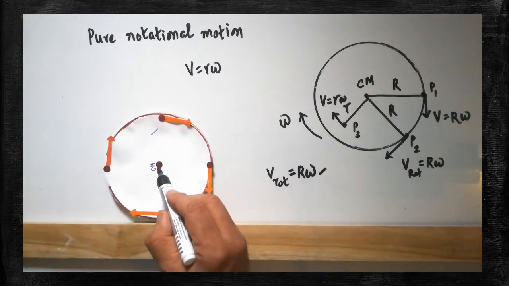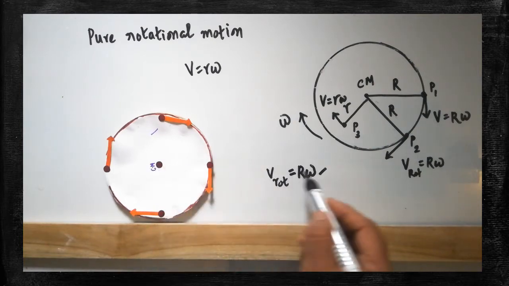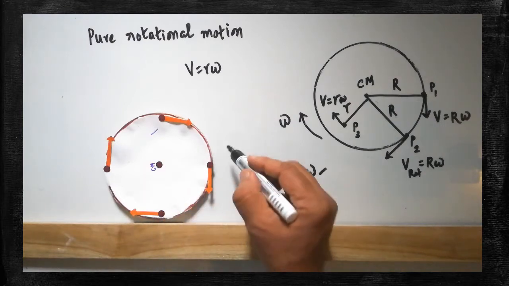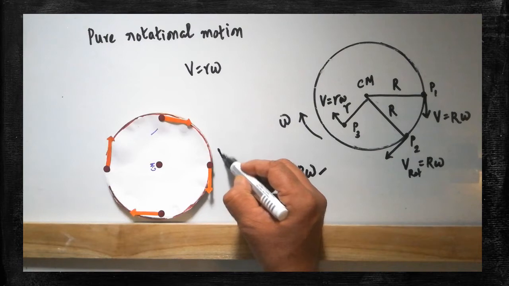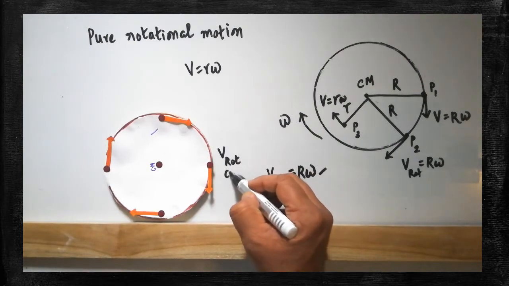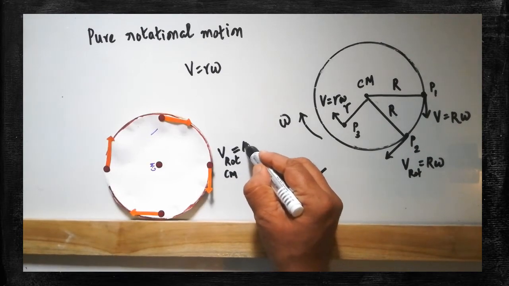Let's see the point which is located exactly at the center of mass. For this point, the radius is 0. Therefore, the point located at the center of mass does not have any rotational velocity, because r is 0.